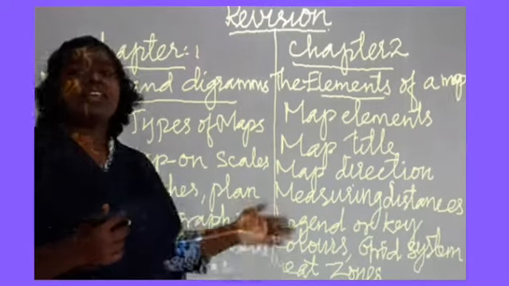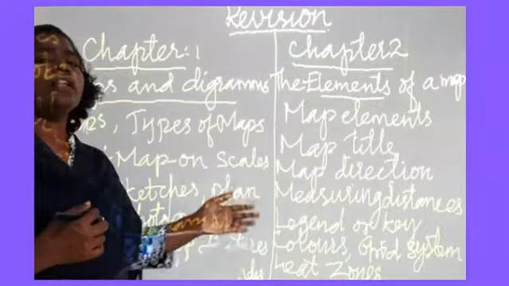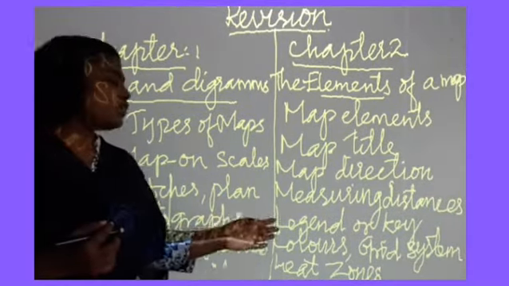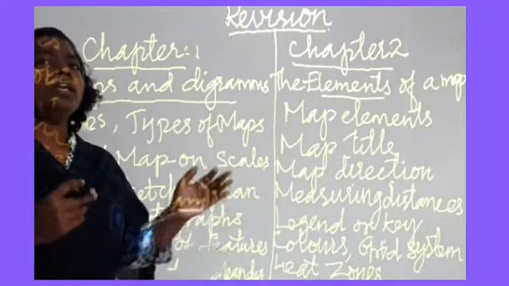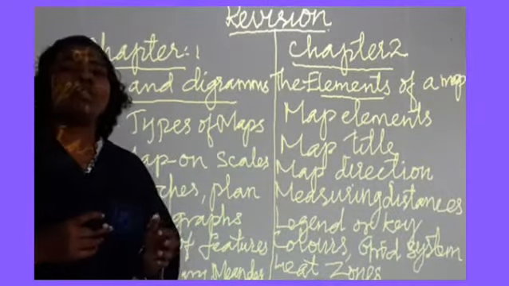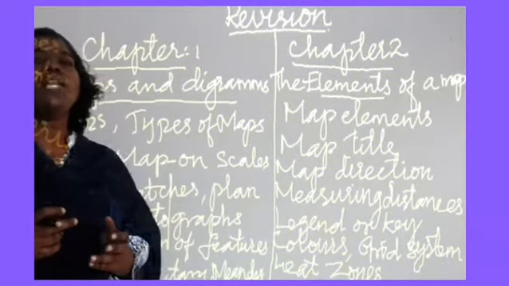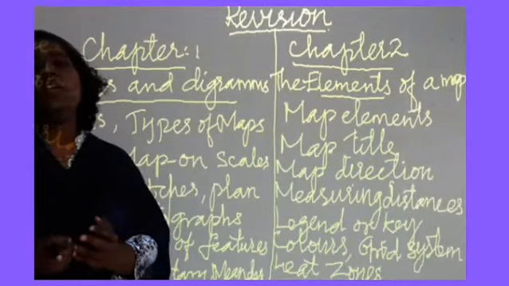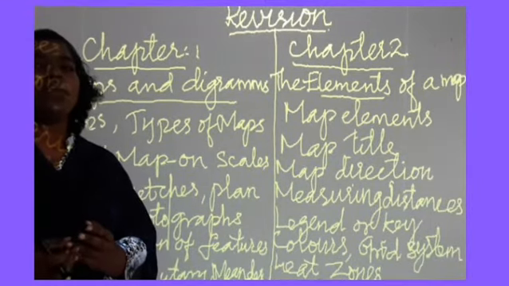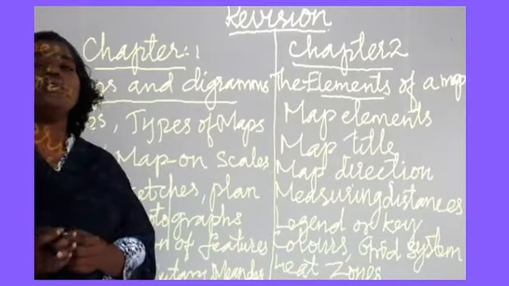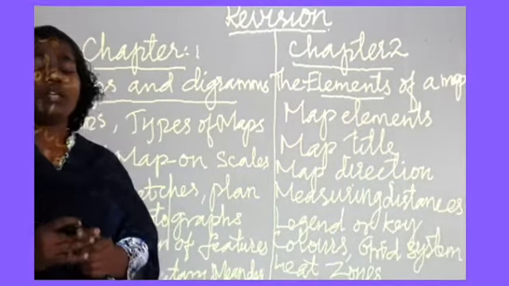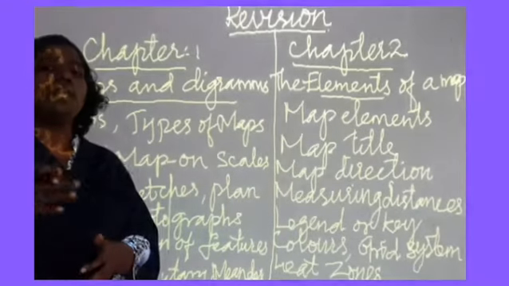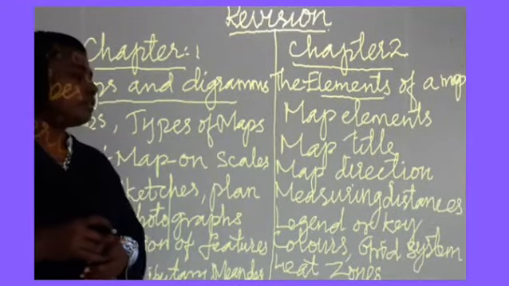When we take the earth, it is divided into 3 important regions. We call them the heat zones of the earth. The 3 important heat zones of the earth are the torrid zone, the temperate zone and the frigid zone. What is the torrid zone? The torrid zone lies above and below the equator, from 0 degree to 23.5 degree.